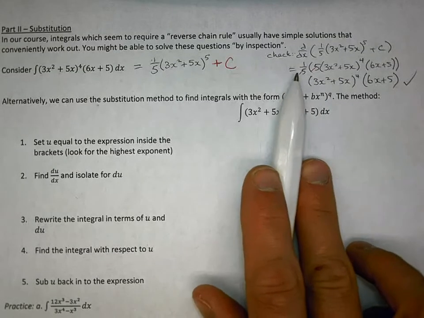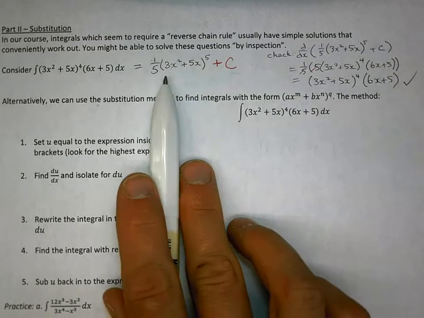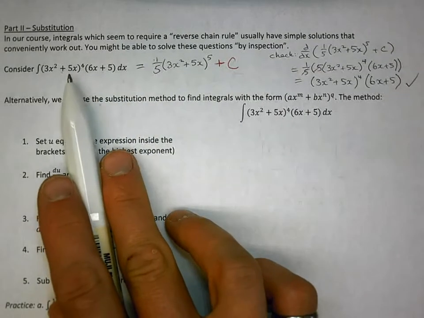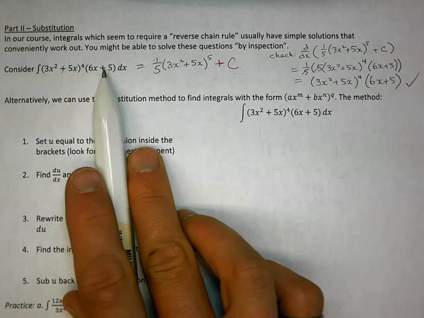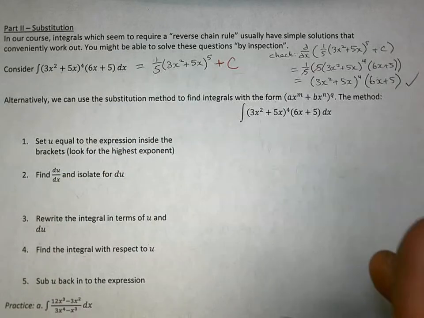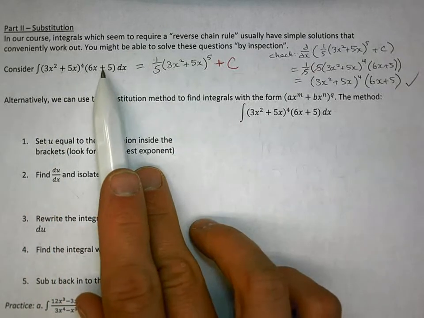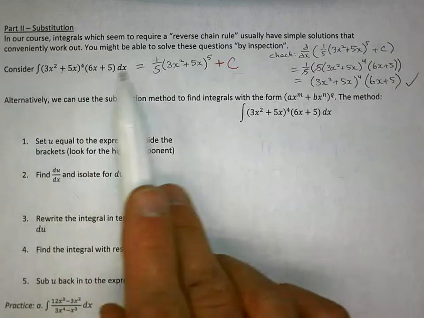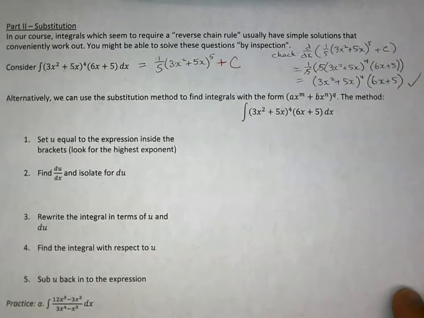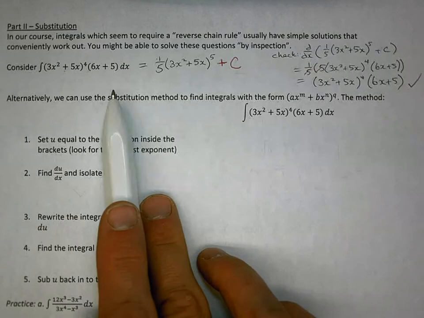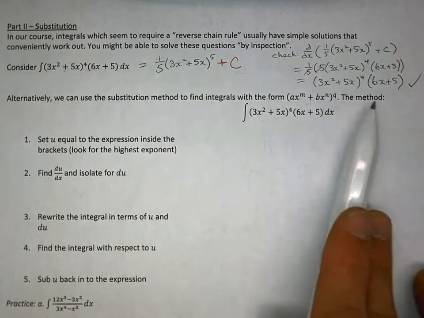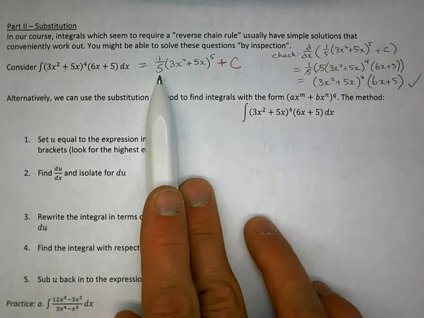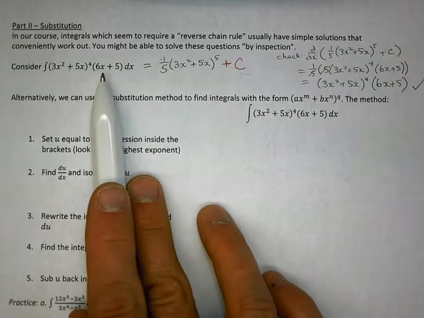There might be a coefficient or two off, but it's very convenient that this is here, right? If it was 6x plus 8, all of a sudden nothing would work. But because they've given you the exact derivative of this, you can solve this like a reverse chain rule. Usually you can do it by inspection like this. You can almost just guess and then play around with the coefficients until you figure it out. It's always very convenient.